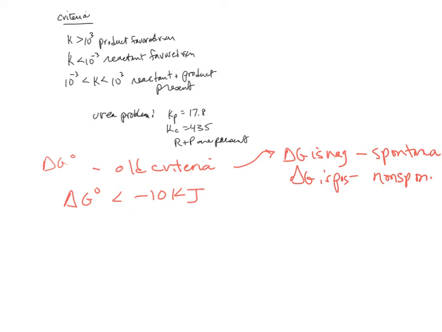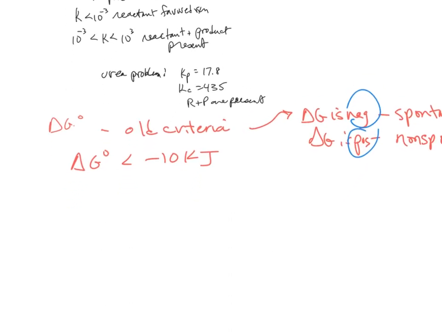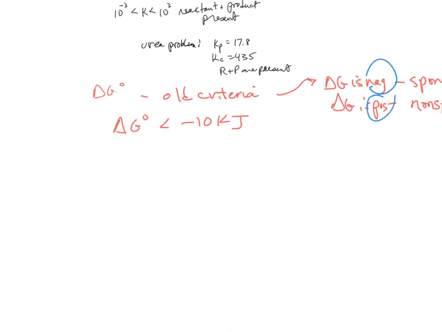So anyway, that's true. There's nothing wrong with what we've done here. We've just focused in some of the earlier analyses on whether delta G is negative or positive, or if it's 0. But you can look at numbers as well. So if delta G is less than negative 10 kilojoules, then it is spontaneous. This is the same kind of criteria as above, but more specific.